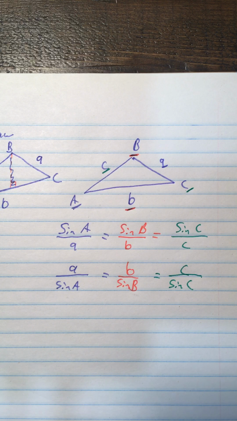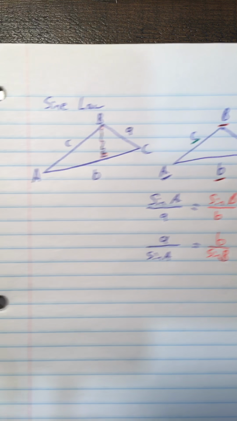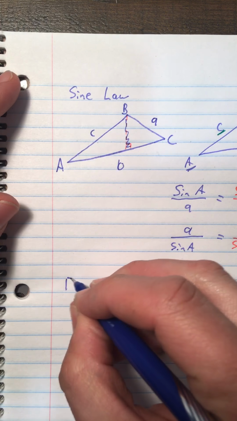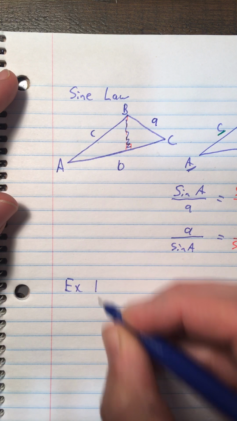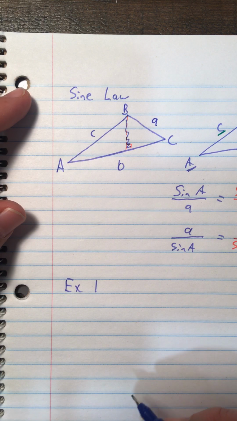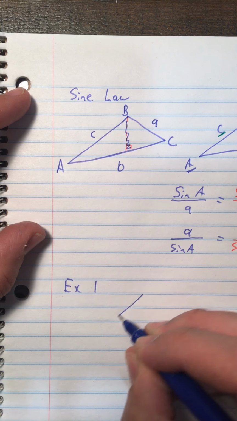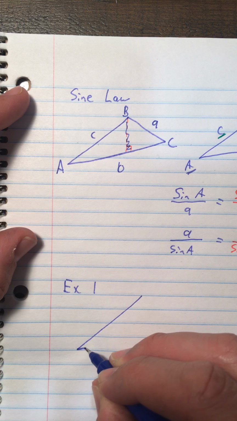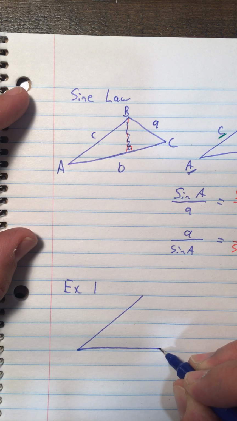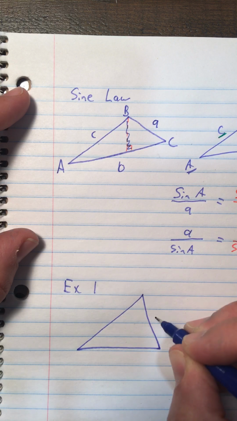So let's jump into example 1 here. Let's say you have a triangle that looks something like this. Once again, we have no right angle triangle here. If you have a right angle triangle, SOHCAHTOA primary trig ratios is the way to go.